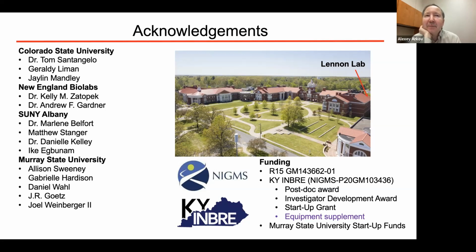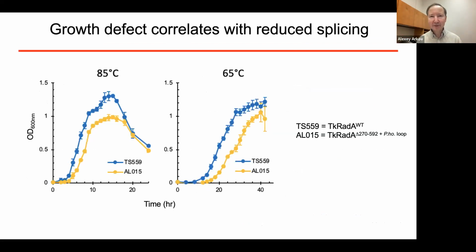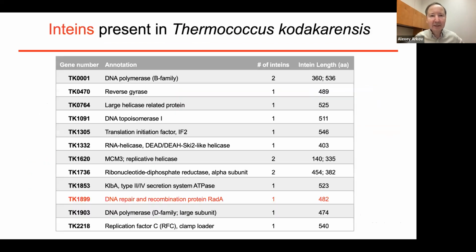In Thermococcus, there are, like you said, 15 of those genes, 15 inteins, 15 proteins that have them. Do you know anything about those other proteins, in a sense whether those inteins might be regulated in similar ways as you just described for RAD-A?